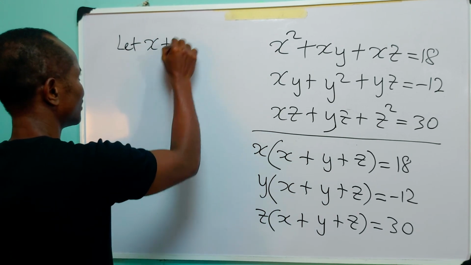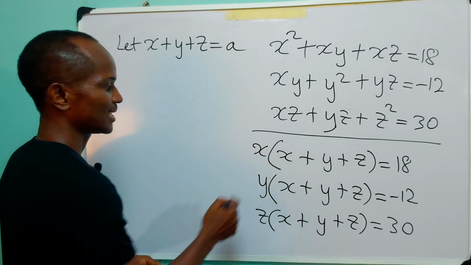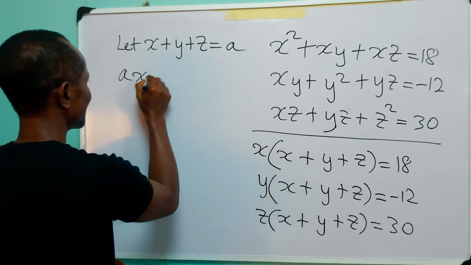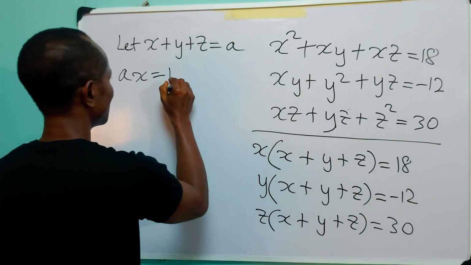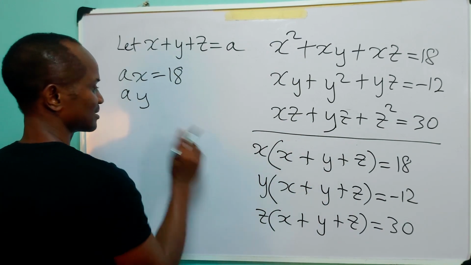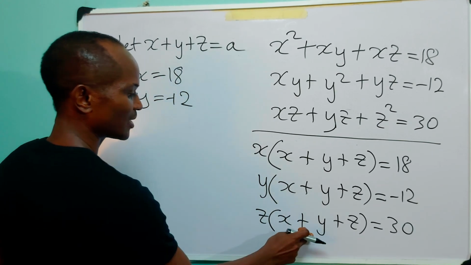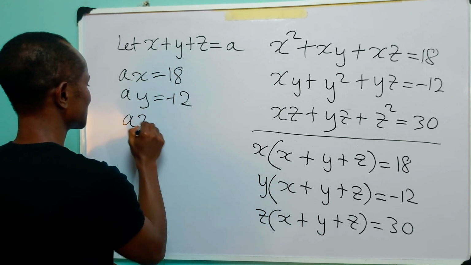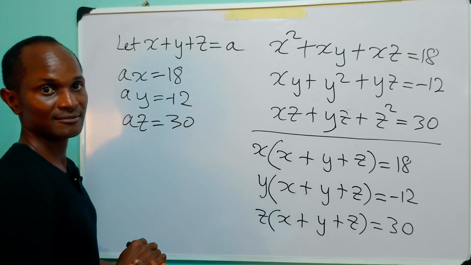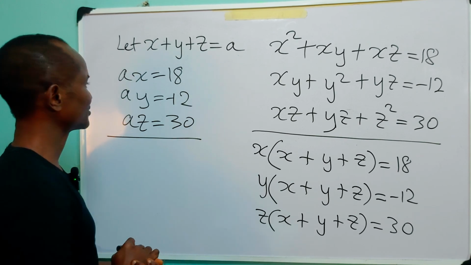Let x plus y plus z be equal to a. In that way, we have that a multiplied by x is equal to 18, a multiplied by y is equal to minus 12, and a multiplied by z is equal to 30. Now we can add these three equations.